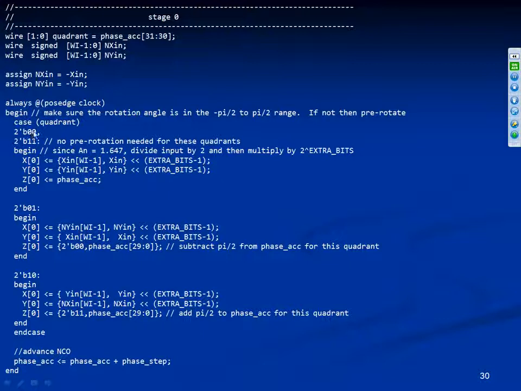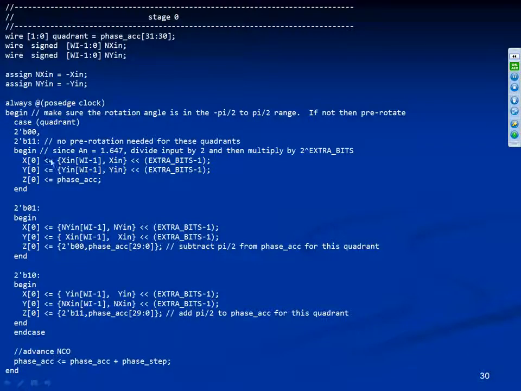Anyway, if I determine that it's in this 0, 0, this would be the quadrant from 0 to 90 degrees, and this 1, 1 is going to be the quadrant from 270 to 360. In other words, the minus pi over 2 to 0. If I'm in those two quadrants, I don't have to do any pre-rotation.